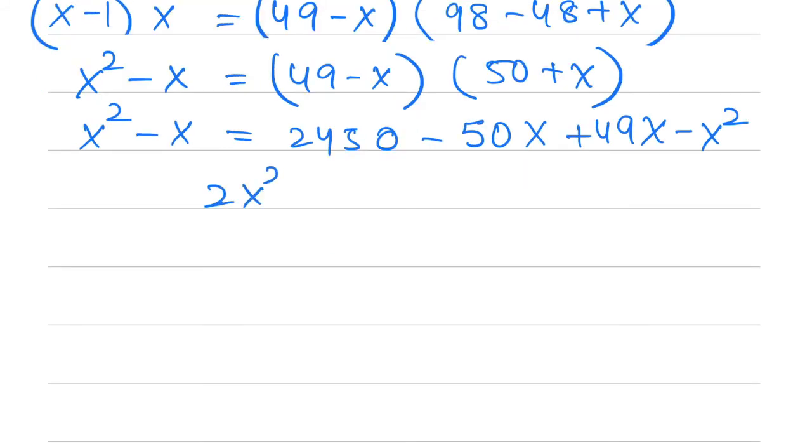We have 2X square, and plus X minus X is equal to 2450.